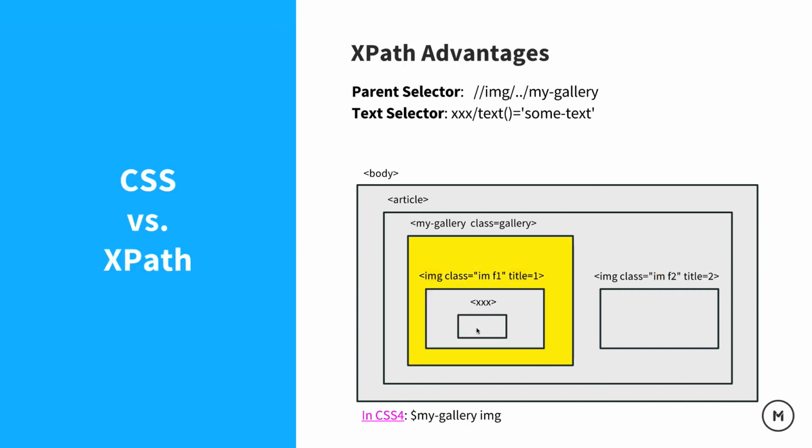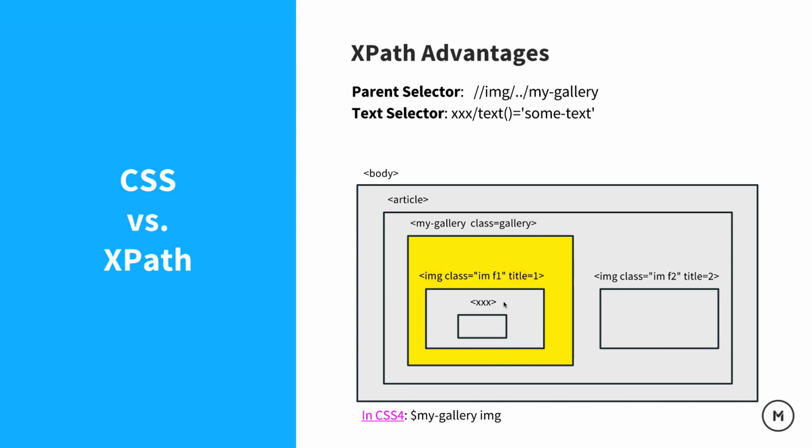Actually, there's a small difference between CSS selectors and XPath. XPath can look at the parent. So I want to find an image that has some element with something inside of it. I don't want to find the XXX, I want to find the parent of XXX.